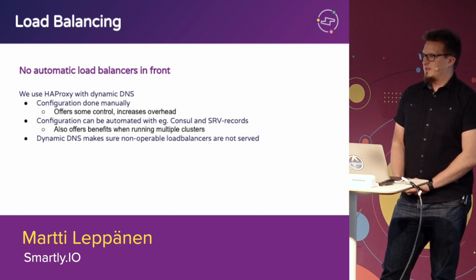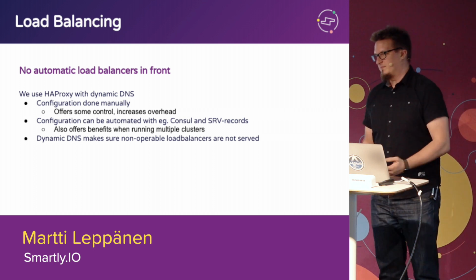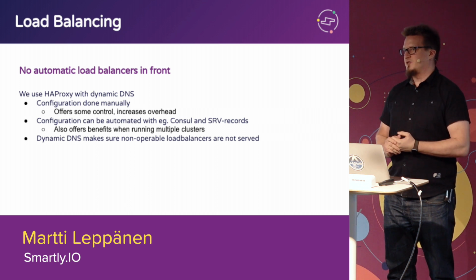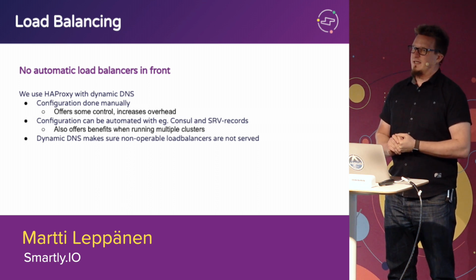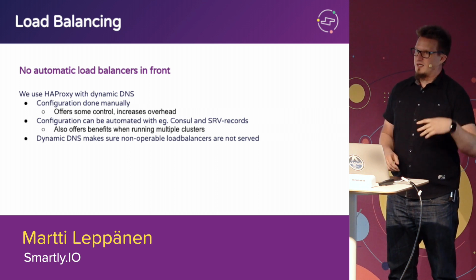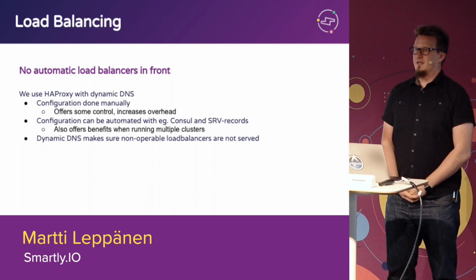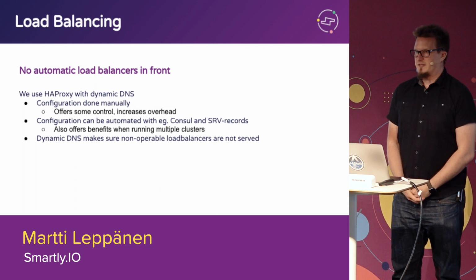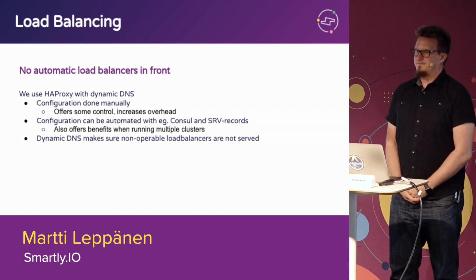For us, we're doing quite a lot of manual work to be able to configure the different routes and different paths on where applications need to be found. It offers us some control, but obviously it increases overhead. It's not fun for a developer to come to the DevOps team and ask for a certain path in the URL to redirect to their kube server service.